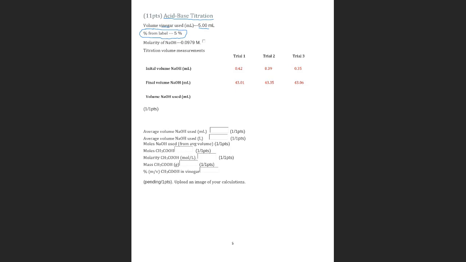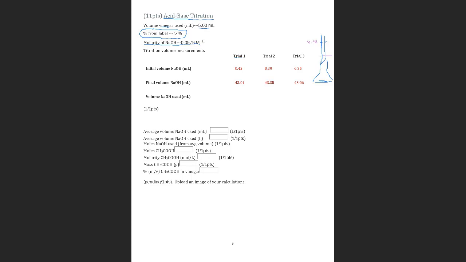They are giving us the molarity of the sodium hydroxide, or the titrant, and the volumes. The initial volume means when we had the burette, before we started, how much volume, and here we have the flask with our vinegar. So initial volume, let's go to trial 1. The initial volume, let's say, was 0.42.